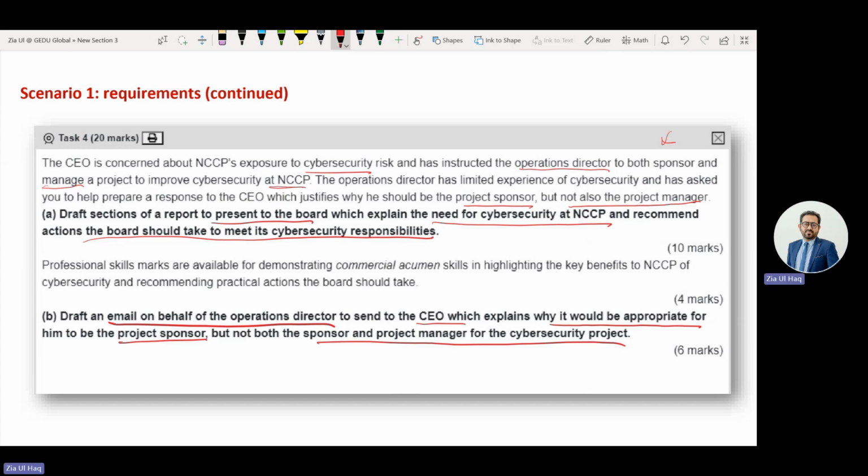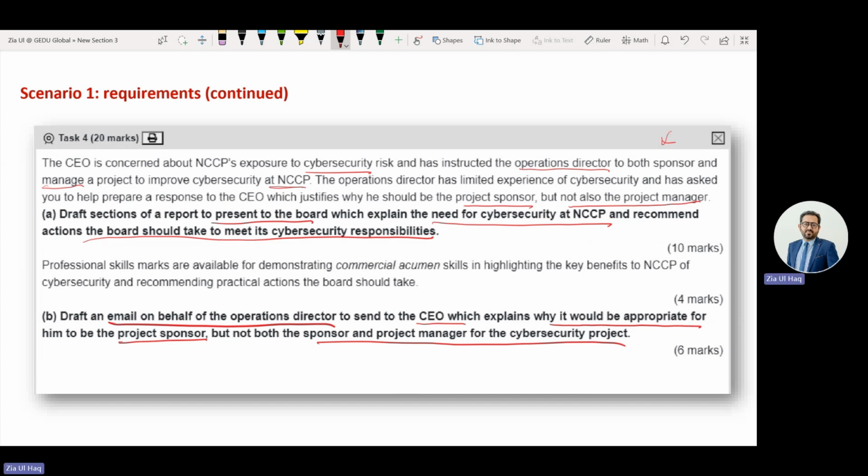So we must have a separate person with IT knowledge as project manager. Through his competence, he will be able to implement this project effectively and manage cybersecurity risk properly. Because this is a high risk that our business is facing, to manage it at a high competence level we must have a separate project manager with IT-related skills.